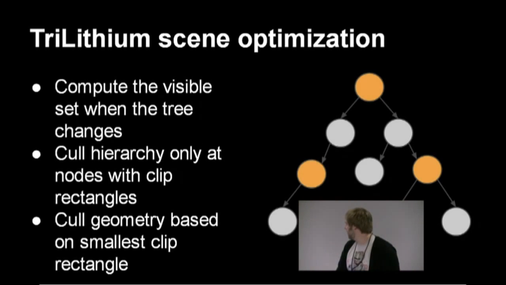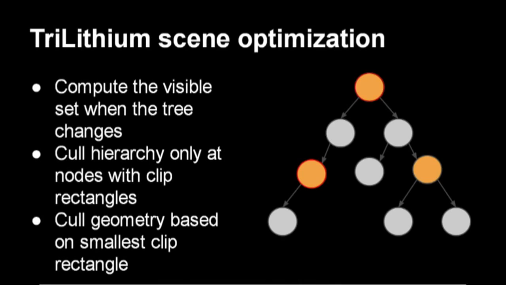So let me give you an example of that. Let's say that the yellowish nodes actually have clipping volumes associated with them. We work our way down the left, and we compare those two clipping volumes. We do an intersection. They do intersect. So then we use that smaller volume to compare the leaf node. In this case, it passes, so it's added to the visible set.